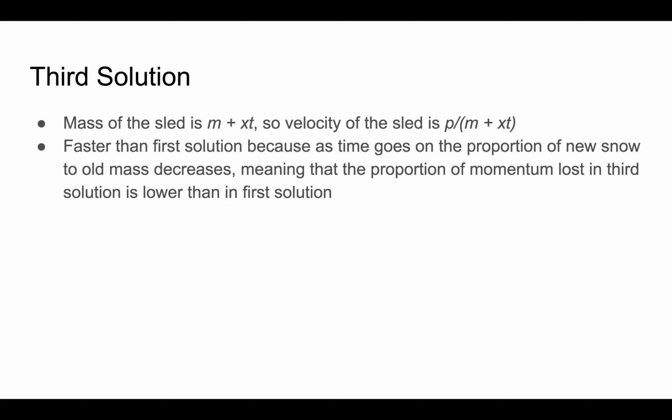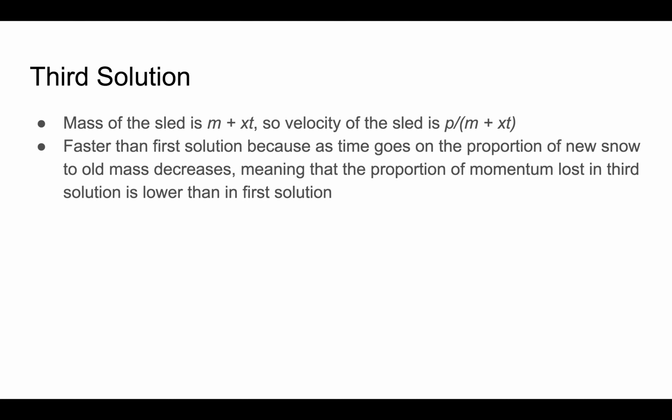So the velocity of the sled keeps decreasing here, but it decreases slower than the first solution, or rather the sled moves faster with the third solution than the first solution, because as more snow falls, the proportion of new snow to old snow, the percent increase of mass, keeps decreasing.